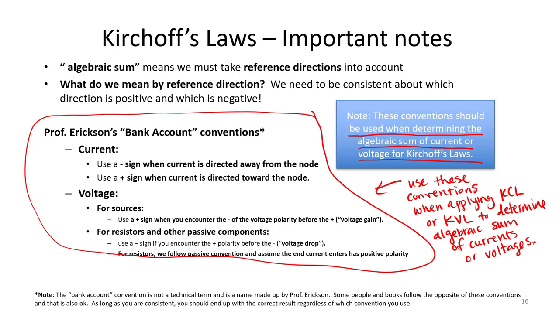So be careful because sometimes students might get confused and think, okay, does that mean when current is leaving my node, the current is always negative? No, these conventions should just be used when determining the algebraic sum of current or voltage with Kirchhoff's laws. Let's do some examples of this.